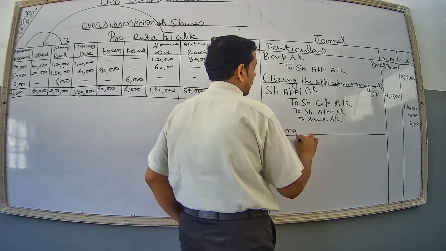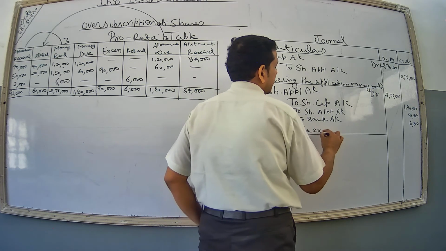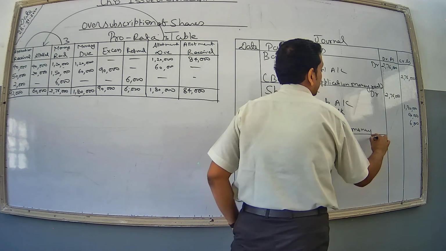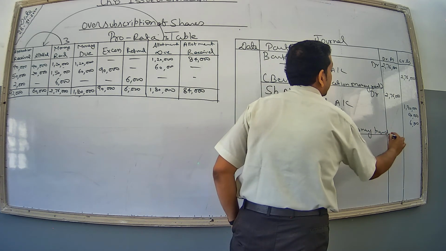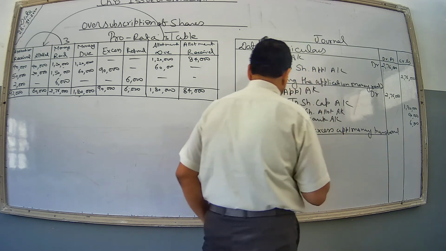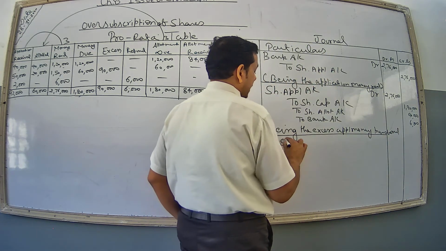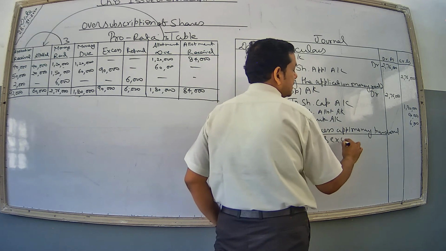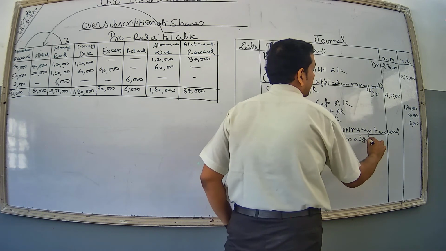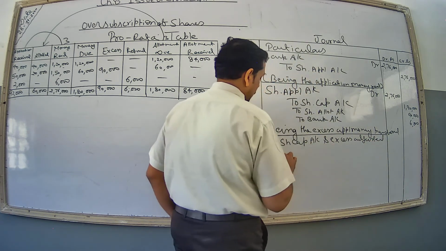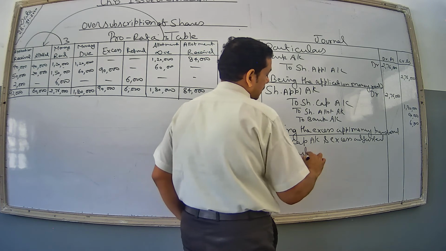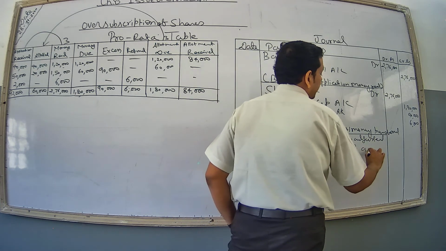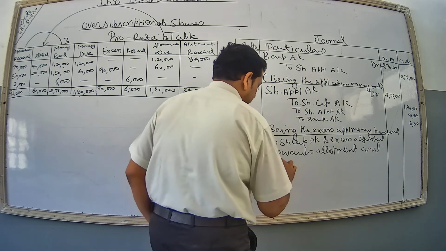Being the excess application money transferred to share capital account and excess adjusted towards allotment and refunded.